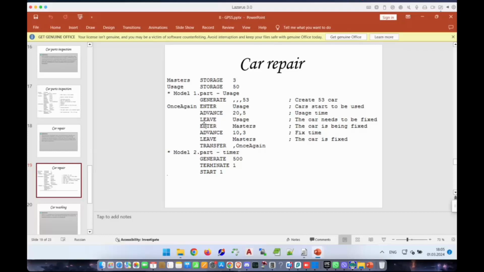So the fix guy takes the machine, works on it, and leaves that machine, so the repair guy becomes free. Then that machine again waits to be placed into a conveyor slot, and the story is repeated all the time, again and again.